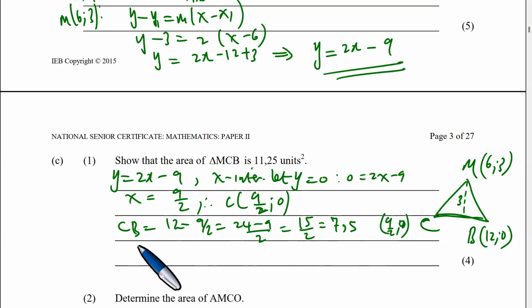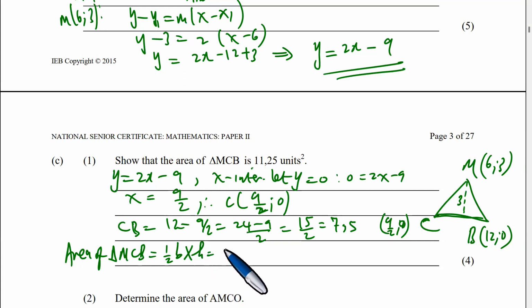So what is the area? Area of triangle MCB, half base by height. What is the base? CB, 7,5. What is the height?